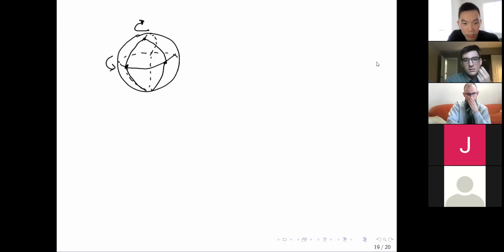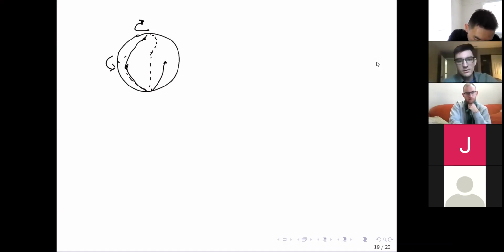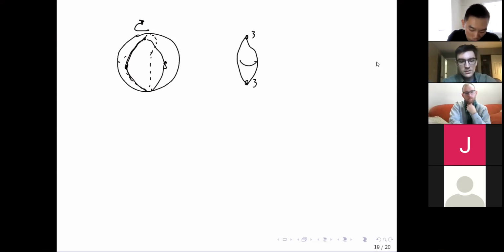No, we don't need this line actually. Never mind. I think just a rotation about two antipodal points is going to create a spindle. That is good, so 3, 3. Okay, that makes sense.